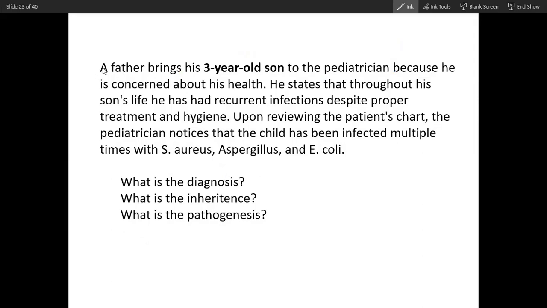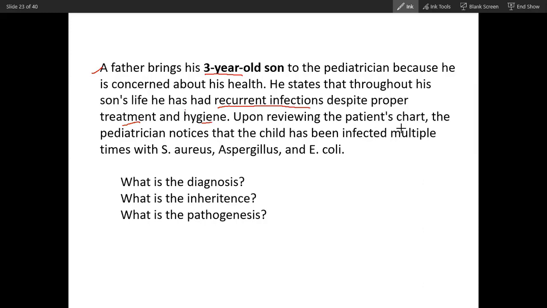Let's see this question. A father brings his 3-year-old son to the pediatrician because he is concerned about his health. He states that throughout his son's life, he has had recurrent infections despite proper treatment and hygiene.